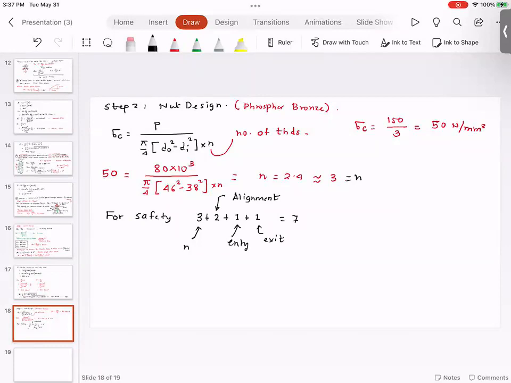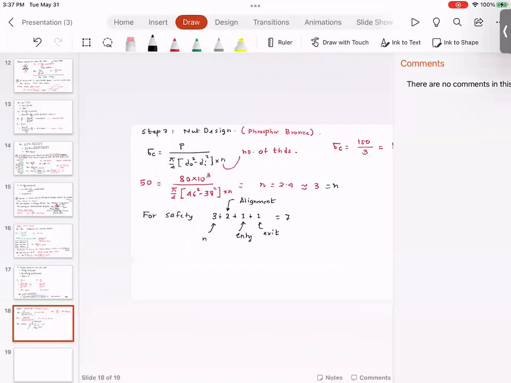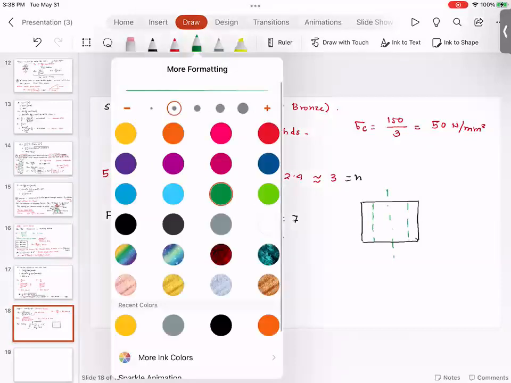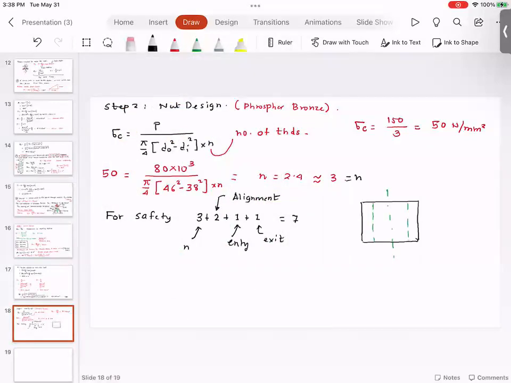Now I want you to look at the nut design. If you look at the nut, the nut is something like this.